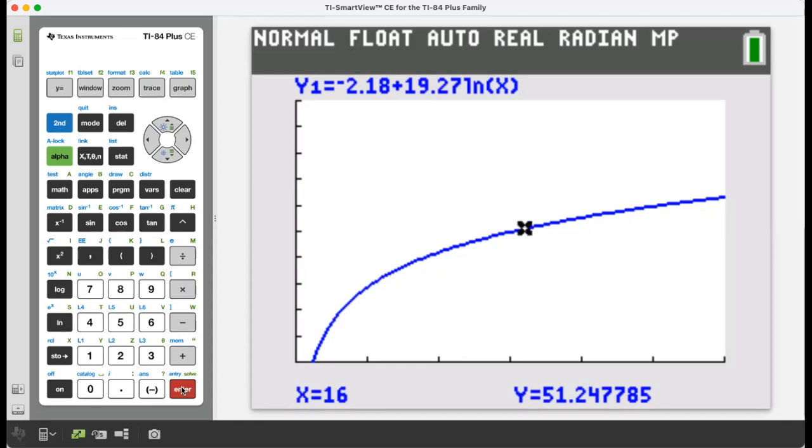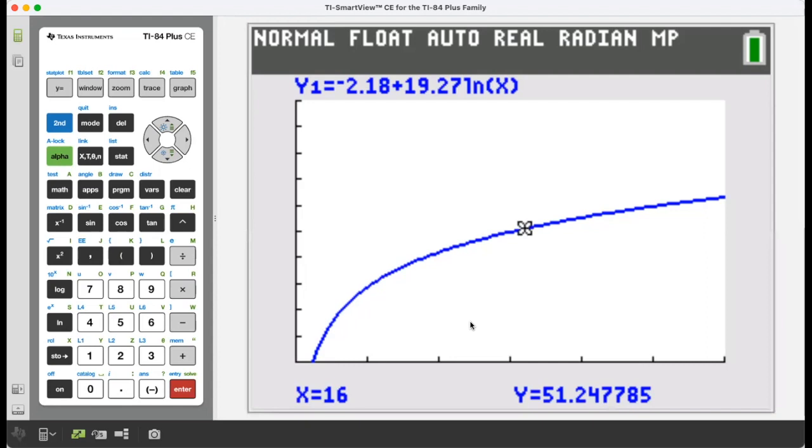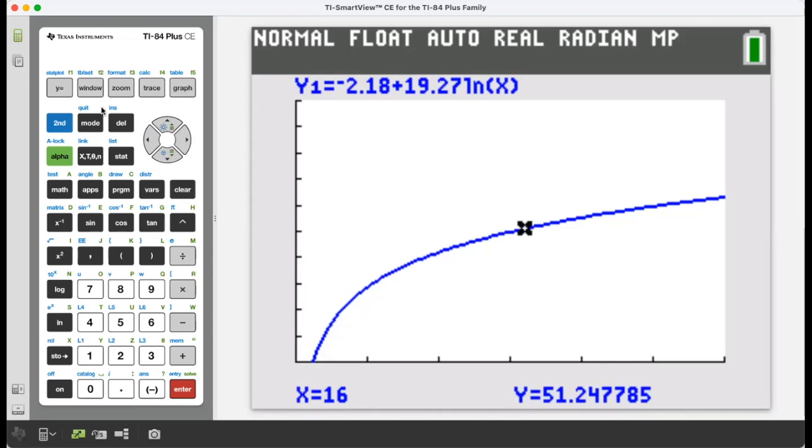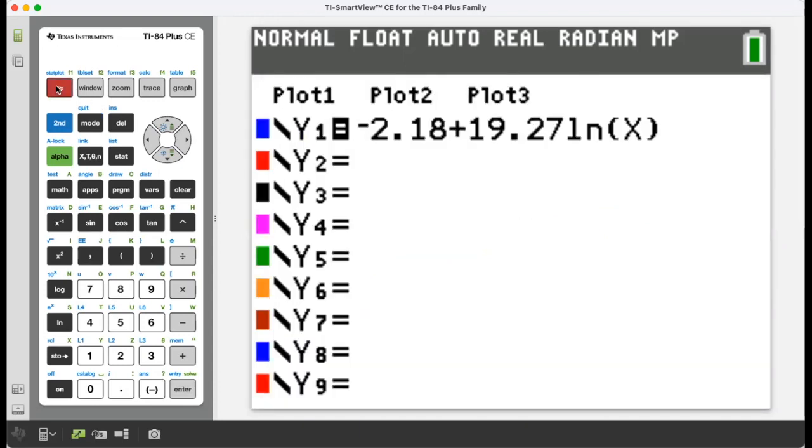So that is when you're given an x value. Remember, in this case, we were given an h value. The h value is also known as a y value in this case. If we know that the human, which is our y value, is 32 and we're not given an x value, then we have to go back to y equals and graph the line y equals 32.